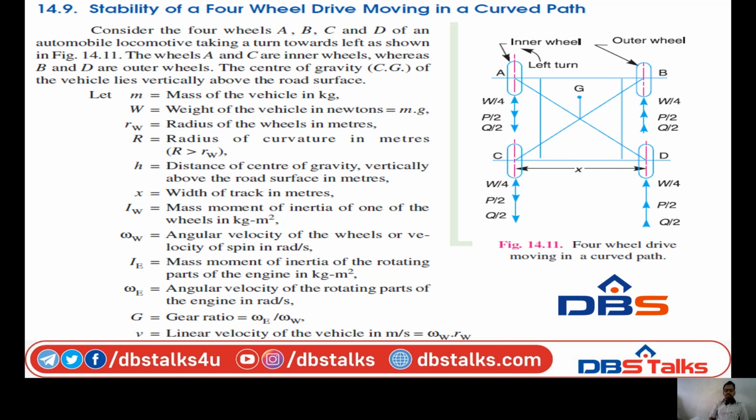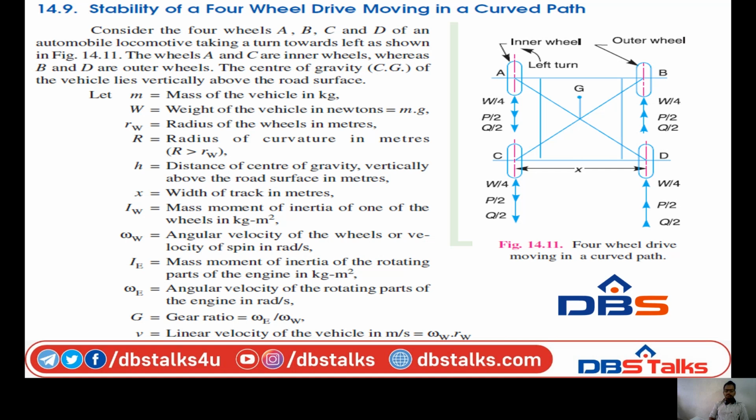The positive sign indicates that the wheels and the rotating parts of the engine rotate in the same direction. If the rotating parts of the engine revolve in the opposite direction, the negative sign is used. Due to the gyroscopic couple, a vertical reaction on the road surface is produced, vertically upwards on the outer wheels and vertically downwards on the inner wheels.